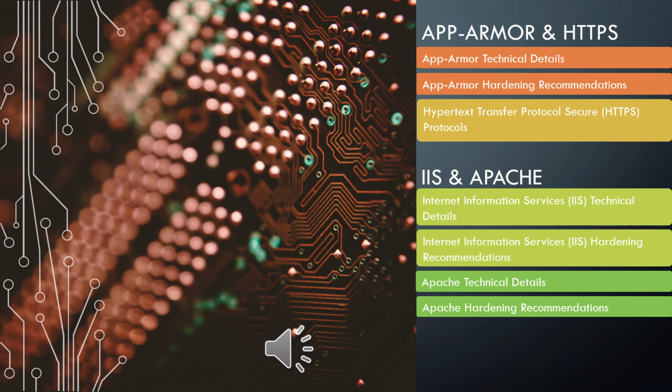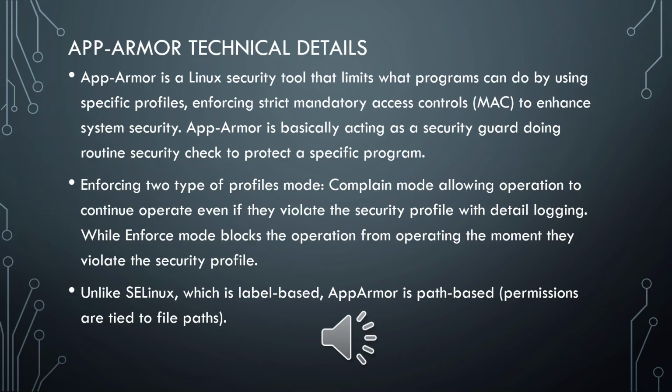We'll talk about the Hypertext Transfer Protocol Secure, short for HTTPS protocol. Moving on to the IIS and the Apache web server. We'll talk about the IIS technical detail, the IIS hardening recommendation, Apache technical detail, and the Apache hardening recommendation.